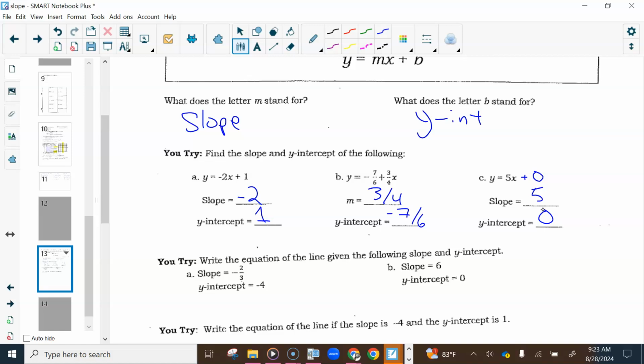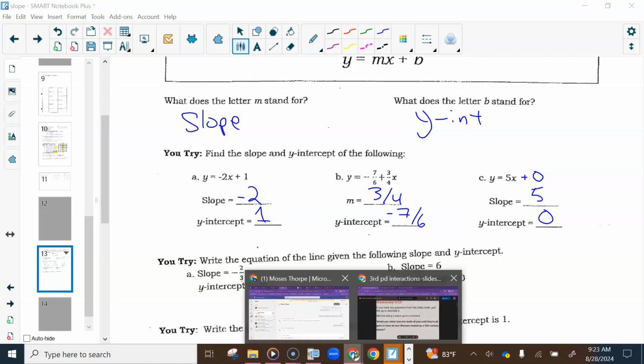Alright, so now we're going to get a chance to explore and talk with each other. We're going to be using slope, but not to the extent that we were just doing. We're going to do something else. So I'm going to have you do this first, and then I'm going to pass out the thing and then explain that. So on your iPads, make sure you're logged into your Canvas. Actually, that part doesn't really matter, but you can log into your Canvas.